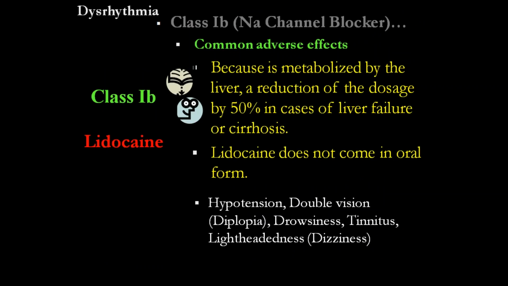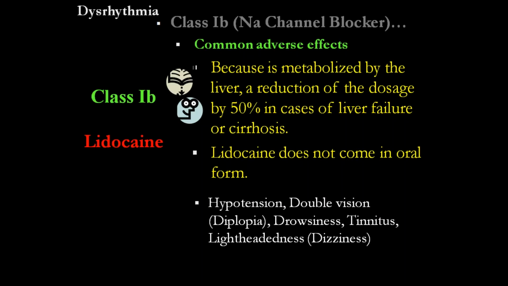All right. One thing here, lidocaine is metabolized by the liver. When the liver is damaged, you need to decrease the dosage of lidocaine. Otherwise, lidocaine is going to reach toxic levels. Lidocaine does not come in oral form.